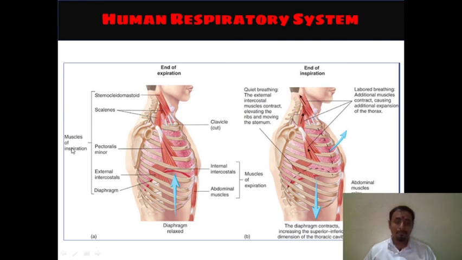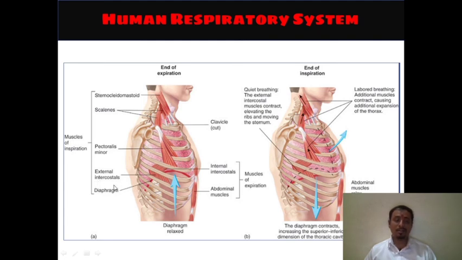So this is muscles of inspiration and muscles of expiration. End of expiration is shown here, end of inspiration is shown here, where sternocleidomastoid muscles are shown here. Then various things are also shown here. Internal intercostals are shown here, abdominal muscles are shown here, which are muscles of expiration.